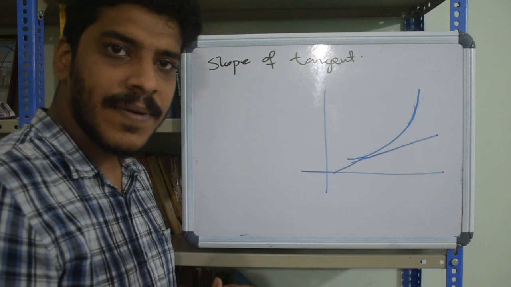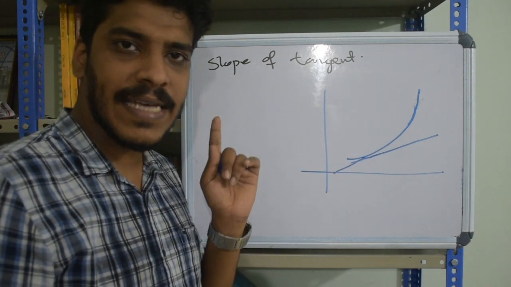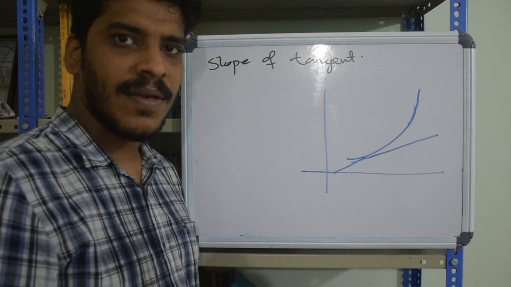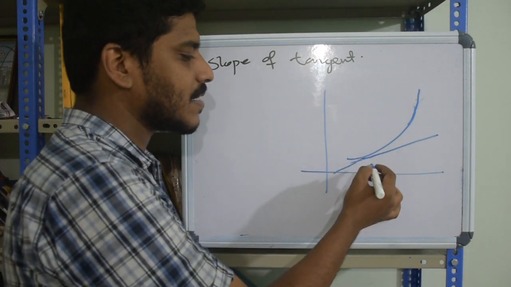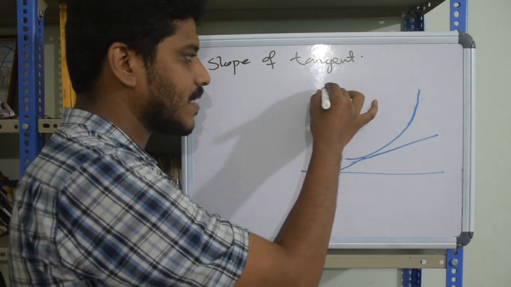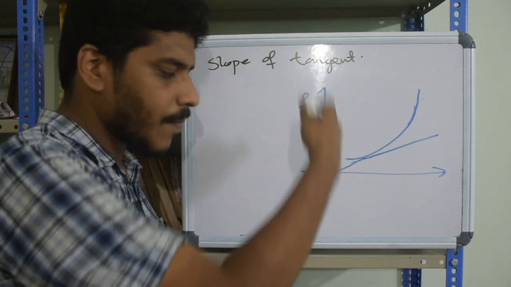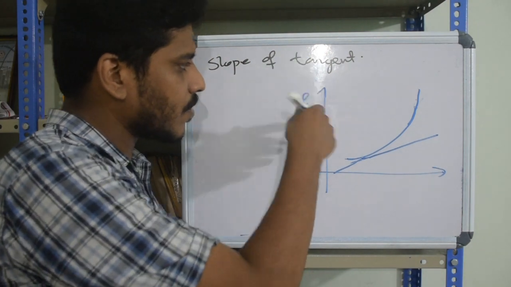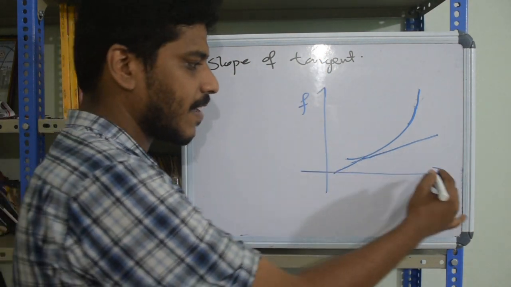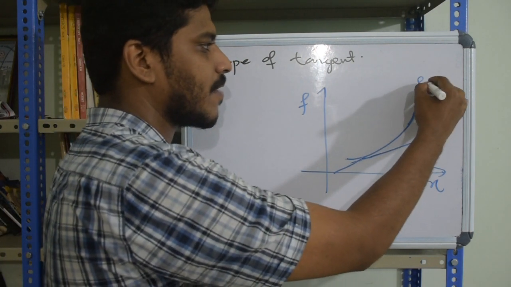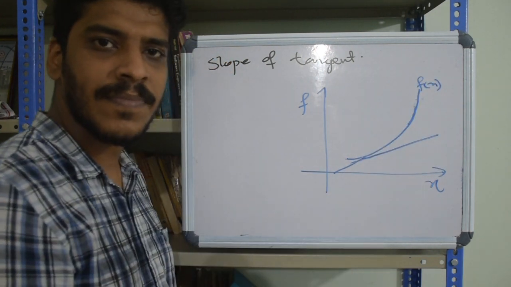The line meeting the graph at exactly one single point is called a tangent. Right. So suppose this is the tangent at this point. Say this graph is of the function f. So the vertical axis is marked with f, and the horizontal axis is marked with x. This graph is of the function f of x.